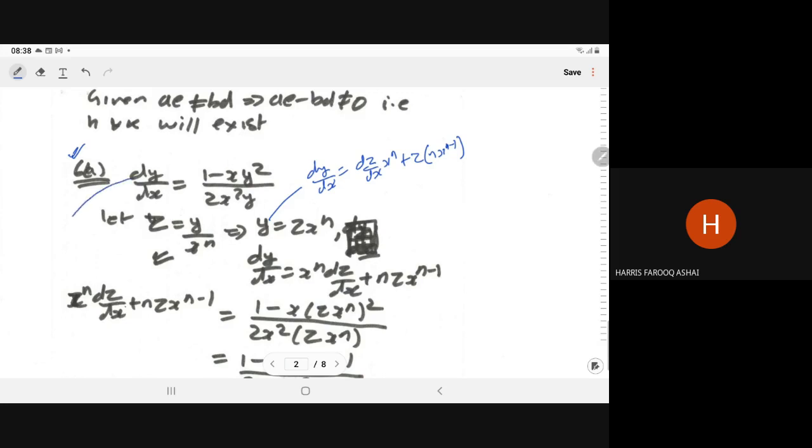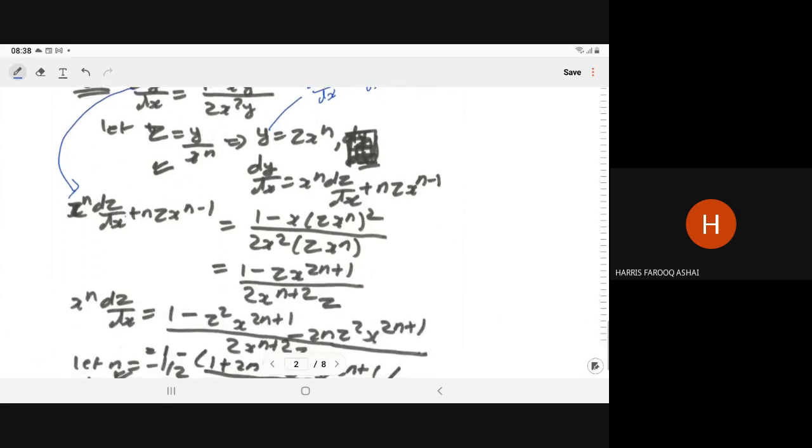So if you substitute all this in this equation, you will get x to power n dz by dx plus nz x to power n minus 1 is equal to 1 minus x into y, where y is equal to z x to power n. So 1 minus x z x to power n whole square upon 2x square z x to power n.